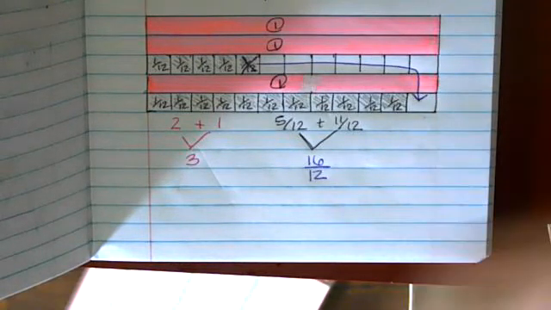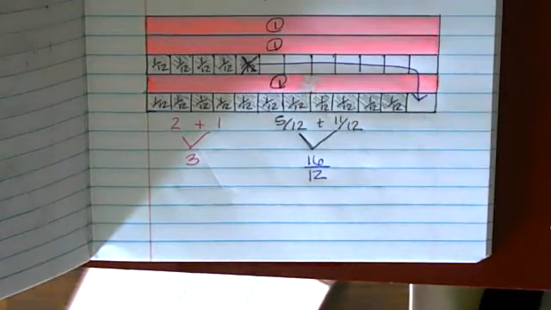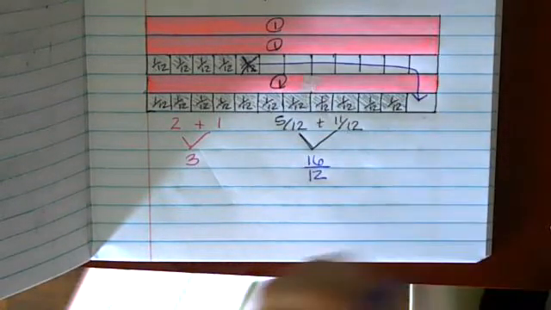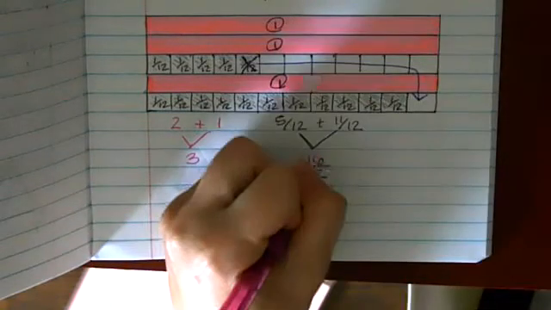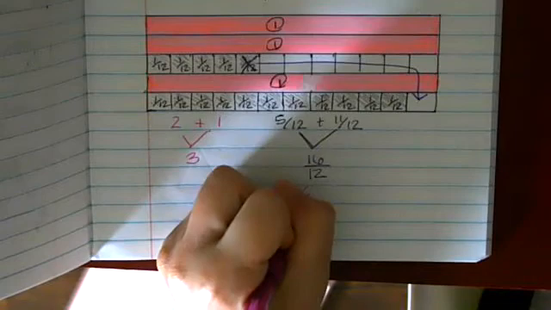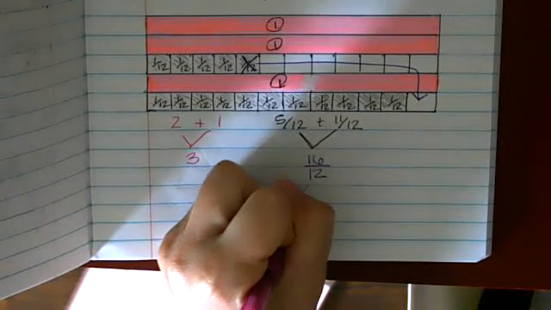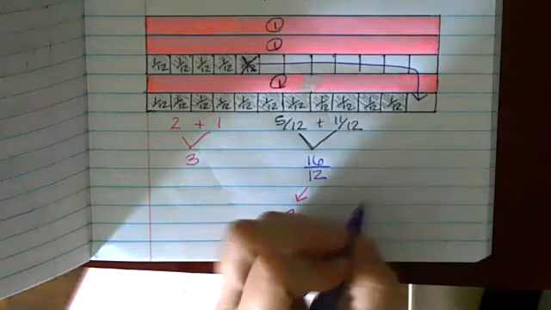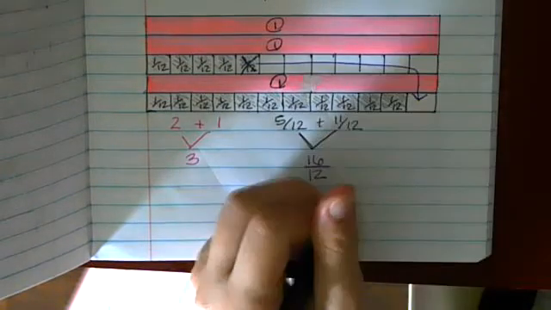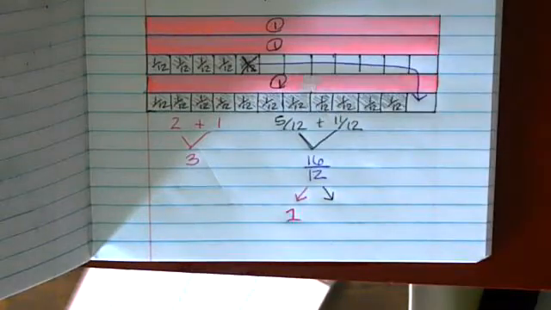Or I can take 16 minus 12, where I'd have my whole, which is 12/12, equal to 1, and then 4 left after that, which would be 4/12.